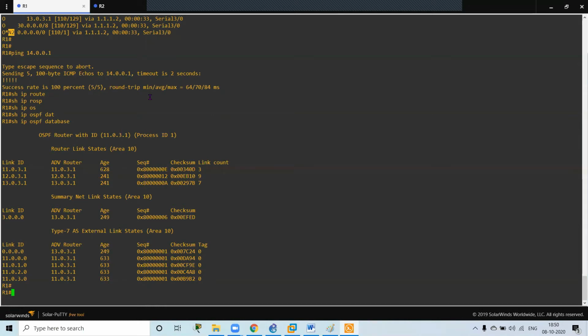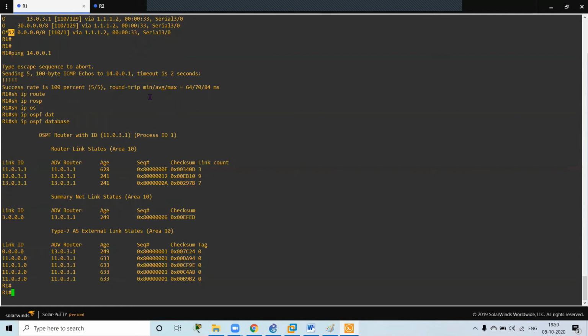If I have O E1 or E2, that's external routes, but LSA 5. But you will not see O star E1 and E2 routes. In case of external routes, you will see only O space E1, O space E2.